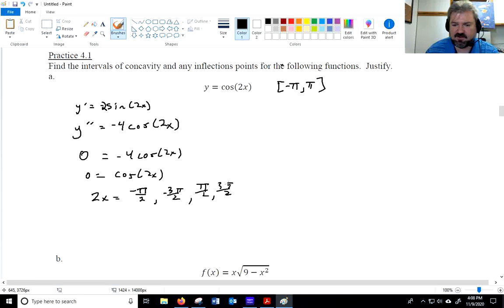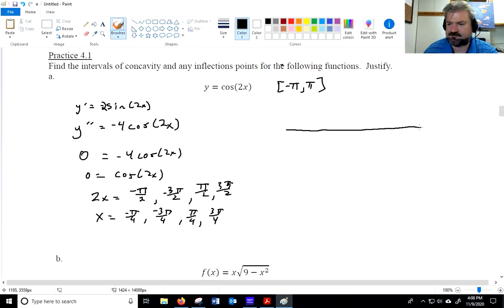So remember, when you are trying to solve and you've got this number in front of your angle x, you really need to multiply your bounds by that number. So I really have to go from negative 2 pi to positive 2 pi. So that gives me x equals negative pi over 4, negative 3 pi over 4, pi over 4, and 3 pi over 4. So there's 4 different points here for us to consider.